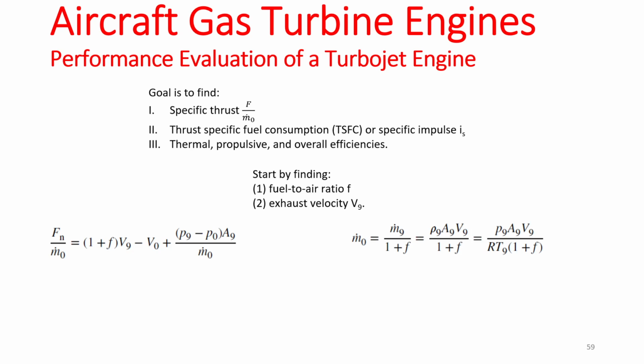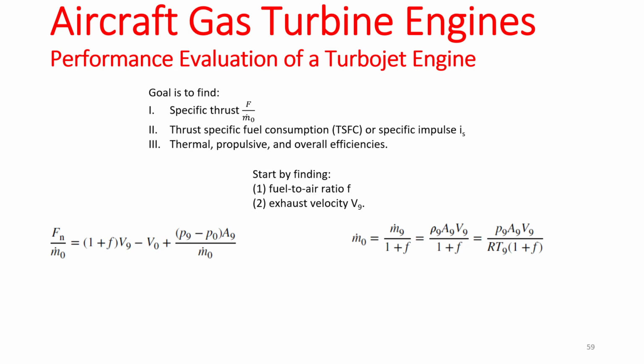Keep in mind that we can write m dot naught as a function of your exit mass flow rate over 1 plus the fuel to air ratio, and your exhaust mass flow rate is equal to the density at the exhaust times the area of the exhaust times the velocity of the exhaust. So the goal here is to relate this specific impulse to V0 completely and remove the need for the m dots.